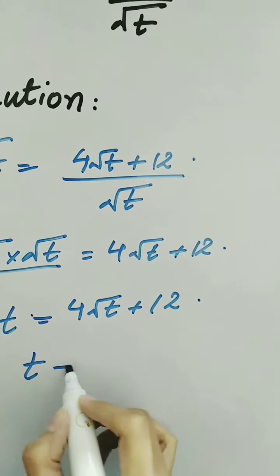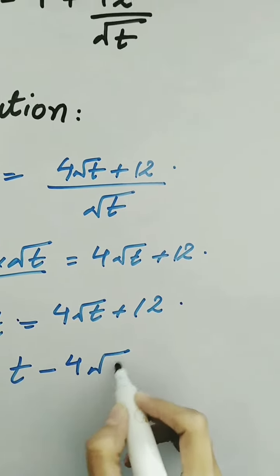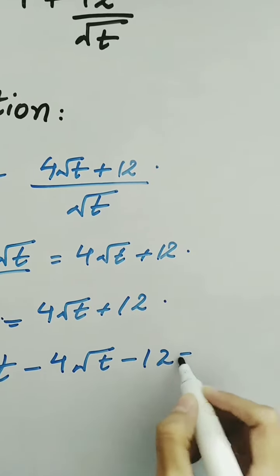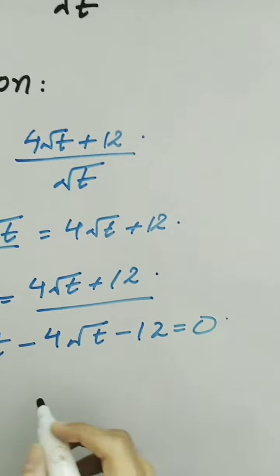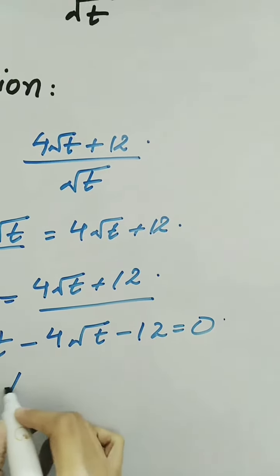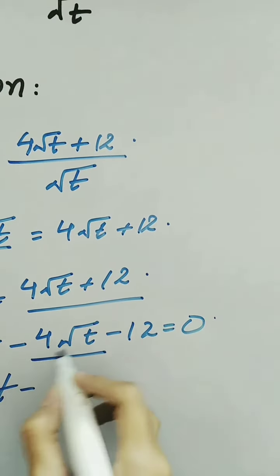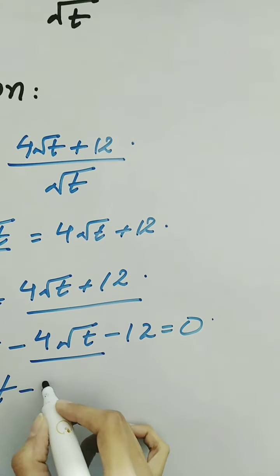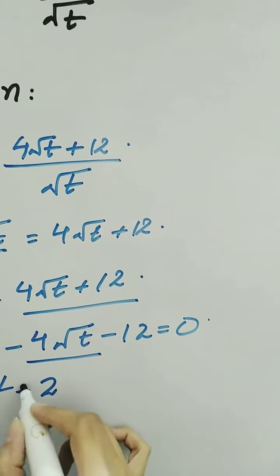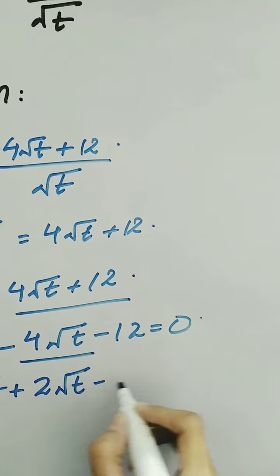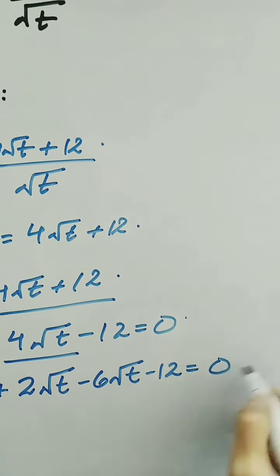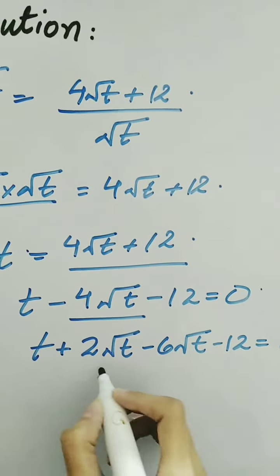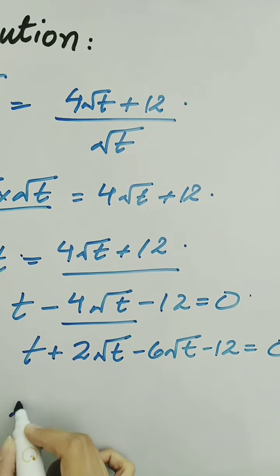Now we have t minus 4 root t minus 12 is equal to 0. We have just taken these expressions on the left hand side. Now we break the middle term. In order to get the factors, we have plus 2 root t and minus 6 root t minus 12 is equal to 0. Now we simply take root t common here.